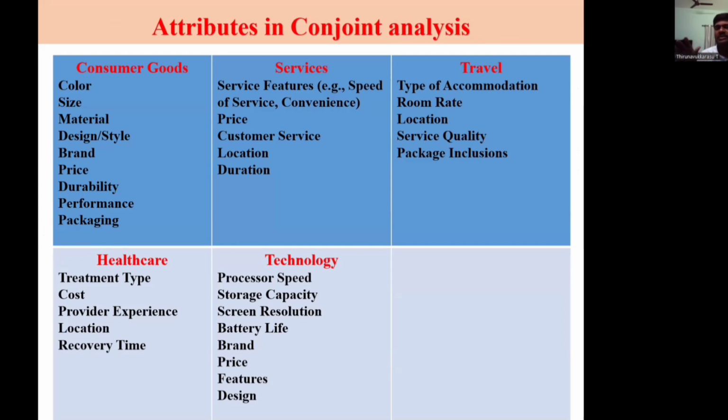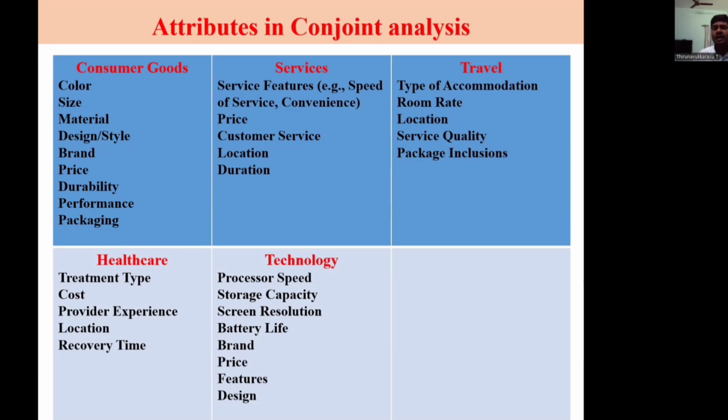So I have mentioned some of the attributes for different sectors or different business perspectives. For consumer goods, I may set attributes such as color, size, materials, design, style, brand, price, durability. These are all the major attributes compared by the consumers.